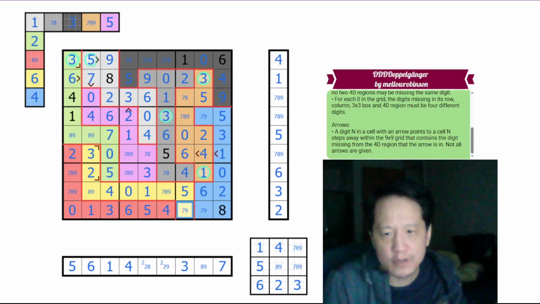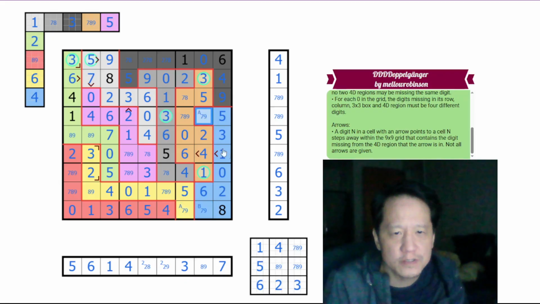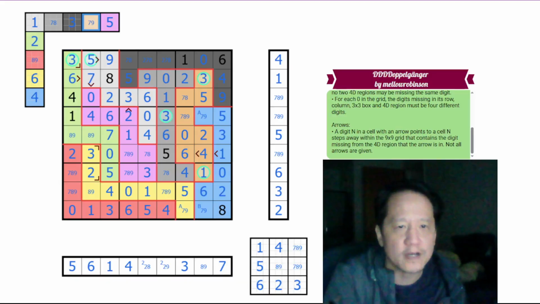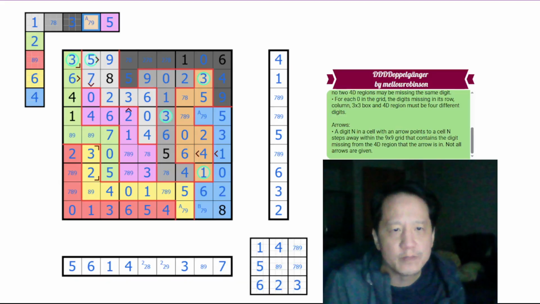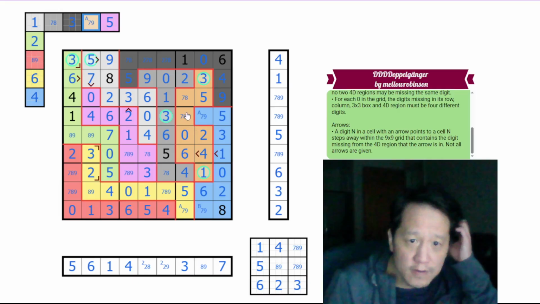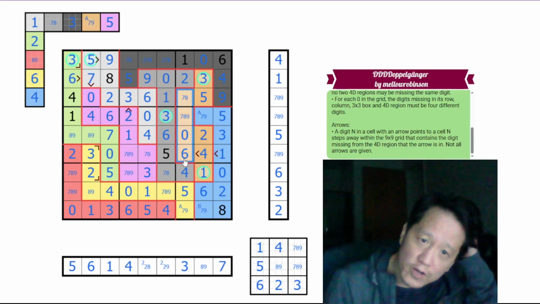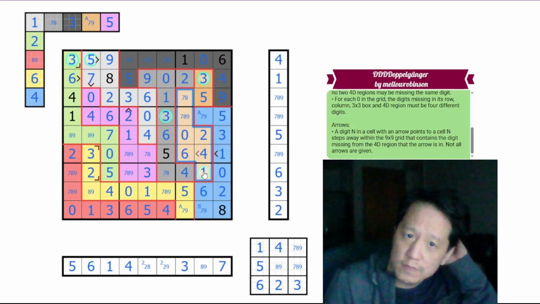Okay, let's mark these as letters, A and B. So this is A. Orange must be missing A. So this is 7 or 9. Must be missing A from its region. Right?